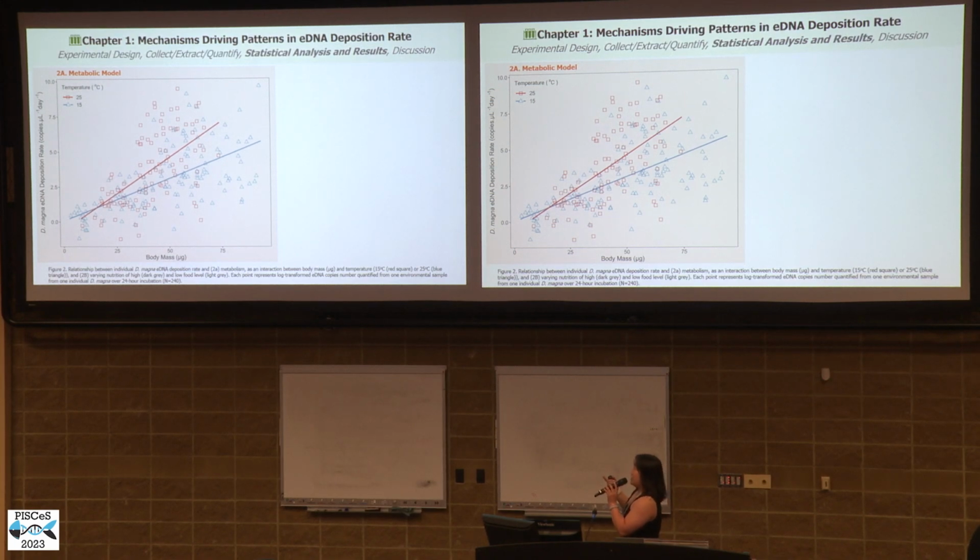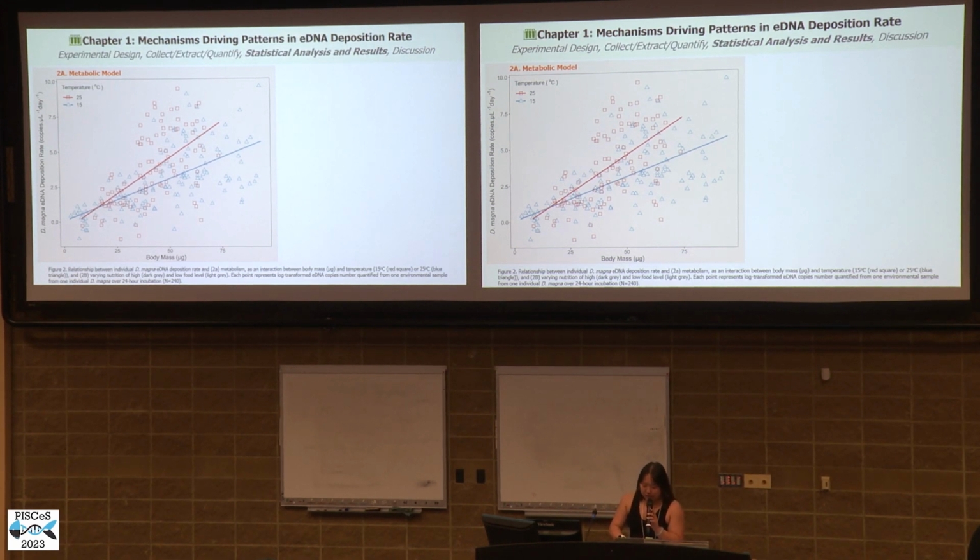In addition, there is an interaction between body mass and temperature, suggesting that larger individuals respond to temperature change more rapidly than smaller individuals. Each of the dots here, the 25 is in red and the 15 is in blue, is one individual measurement for one Daphnia over the 24 hours.